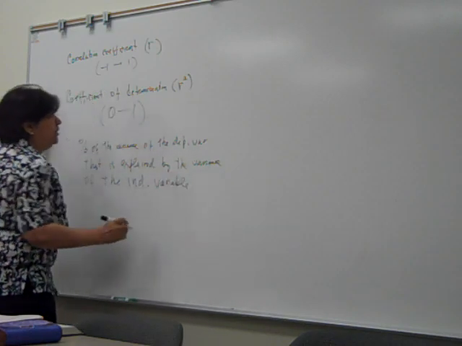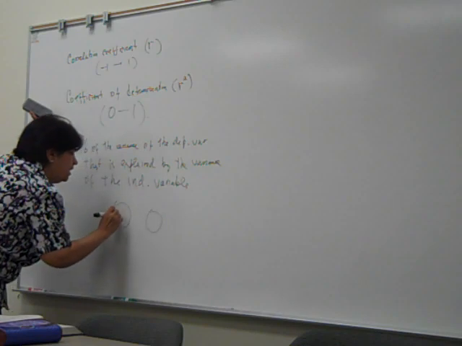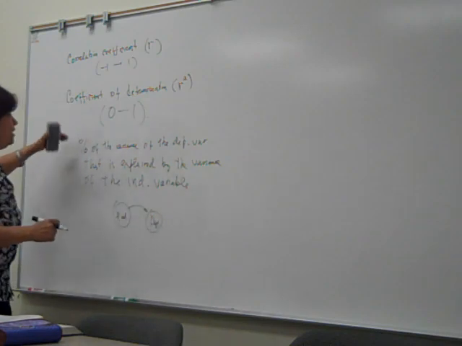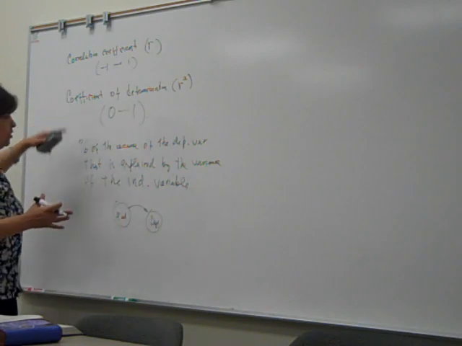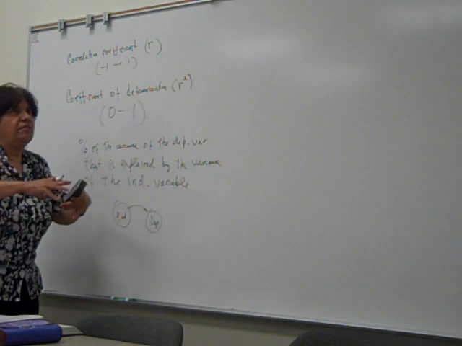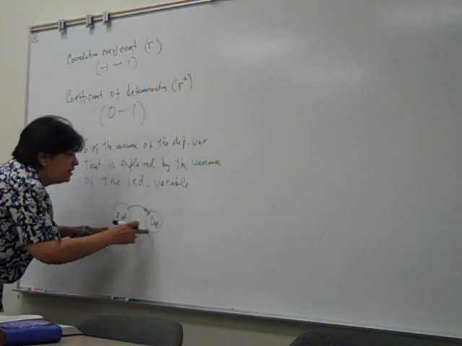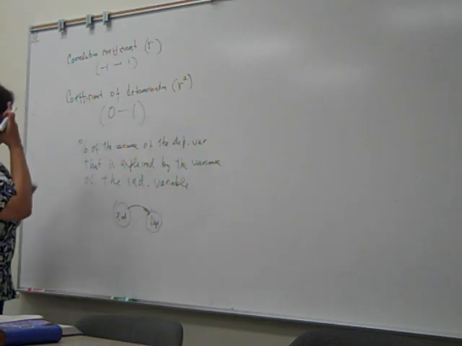In other words, remember, we have this independent and dependent variable, and the coefficient of determination measures the percentage of the variance that is explained by this independent variable.